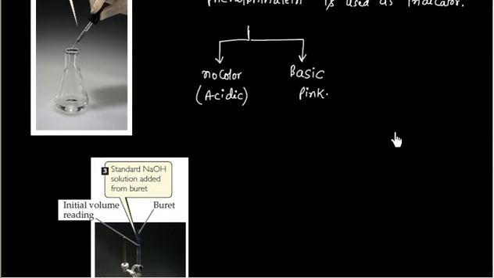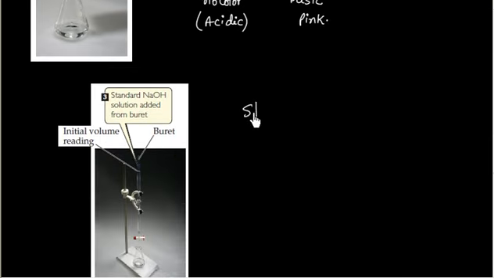Now what we do in step 3: we take a standard NaOH solution, that is, NaOH of known concentration, in a burette. This is called a burette.